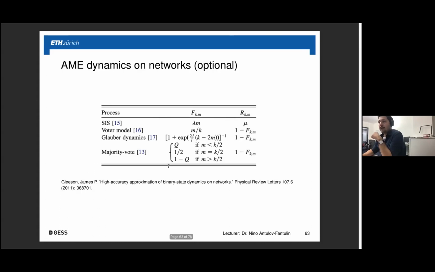What is important is that these transition rules can be changed, and then you can model epidemics, information dynamics, spin systems, majority vote processes, etc. Again, just by incorporating different functional expressions, you can model different types of dynamics.